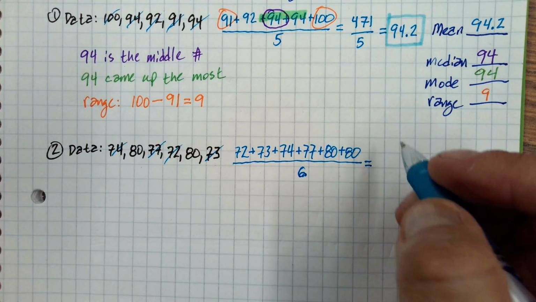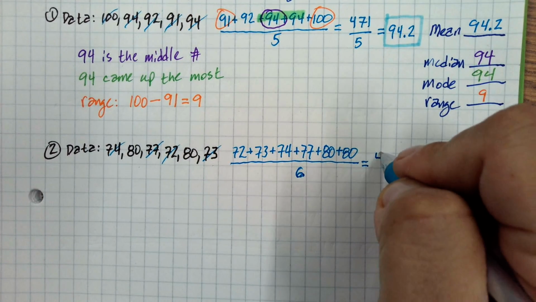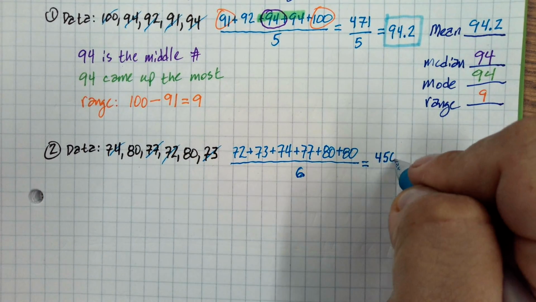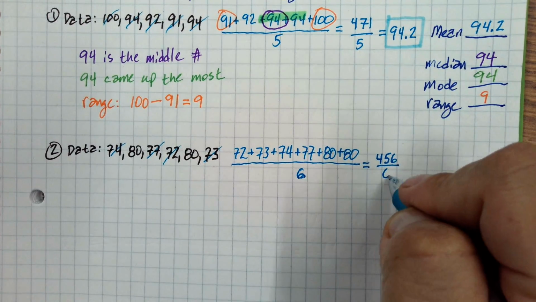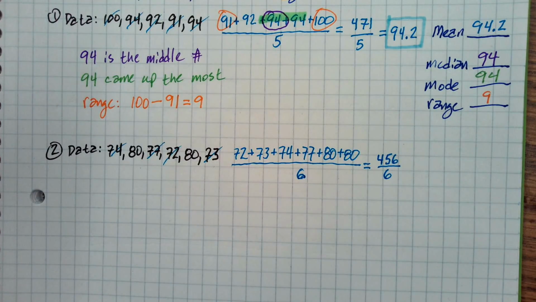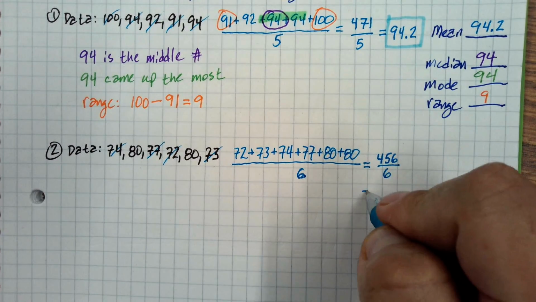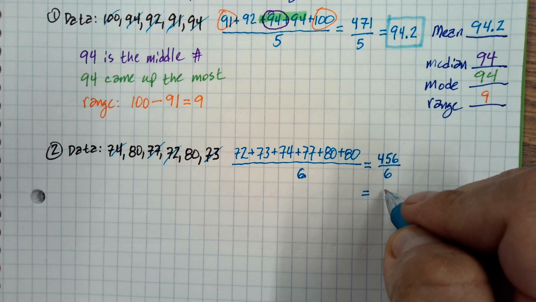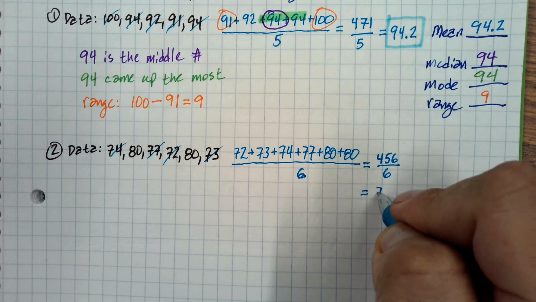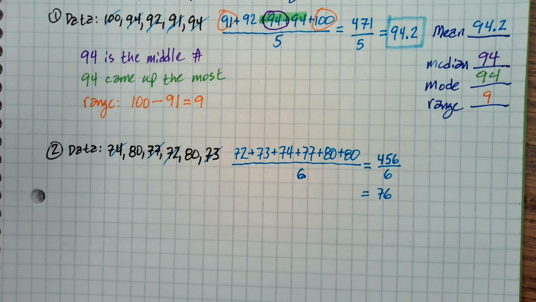So that turns out to be 456 divided by 6. Okay? And when we simplify 456 divided by 6, it's 76. So this is our mean.